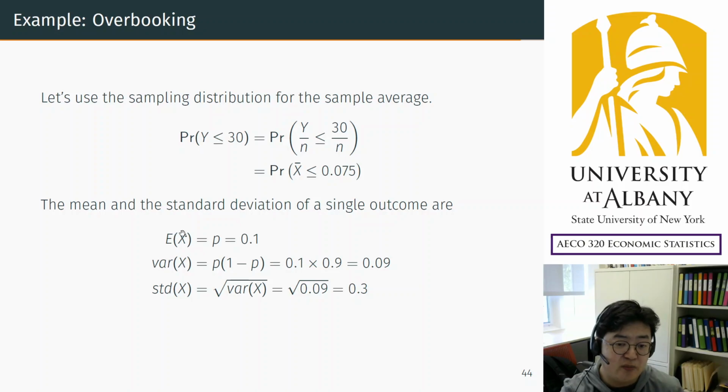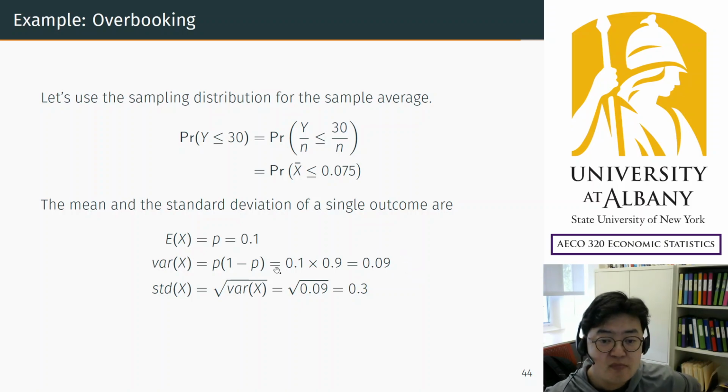If you go back to chapter 5, we learned the mean of a binary variable equals the probability of success, which is probability of cancellation, 0.1. And the variance of a binary variable is the product of success probability and the failure probability. So here 0.1 times 0.9, so the variance is 0.09.